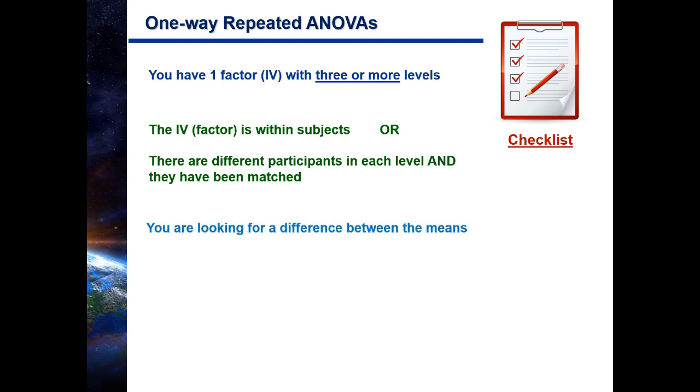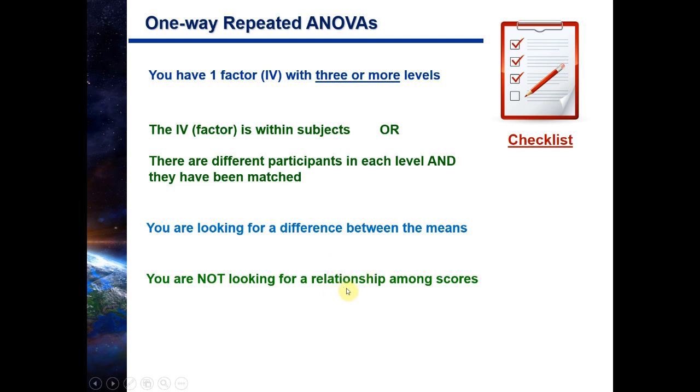Okay, next criteria, you are looking for a difference between the means, and you're not looking for, would you read this out loud for me, please? Even if you did read it out loud and you said that word, I couldn't catch you. Dang it. Well, you know you're not to say this word, right? Do not say it until we get to chapters 11 and 12.